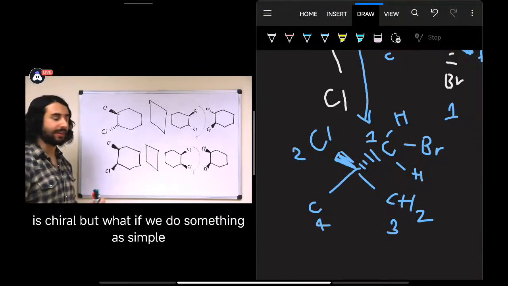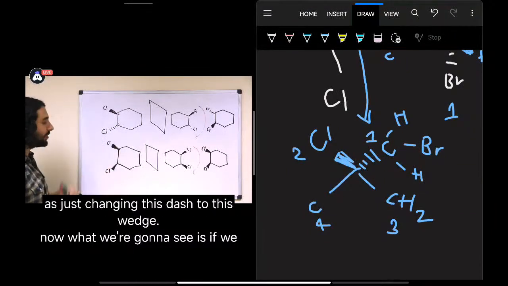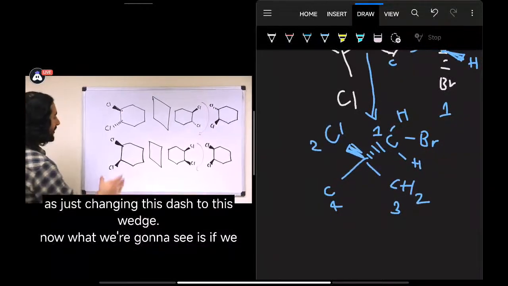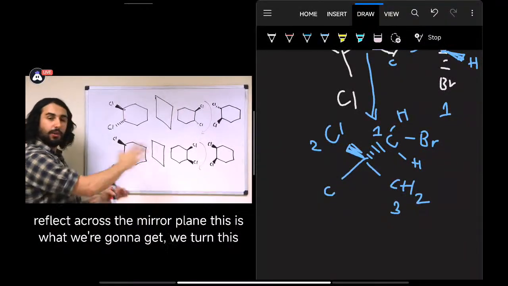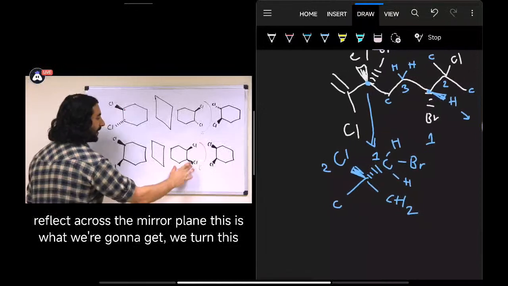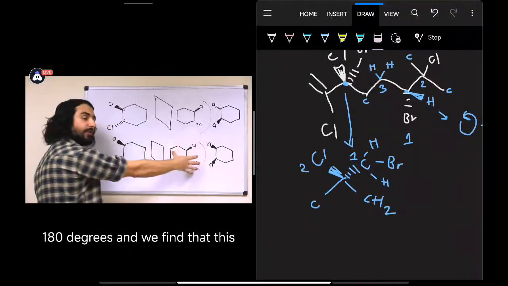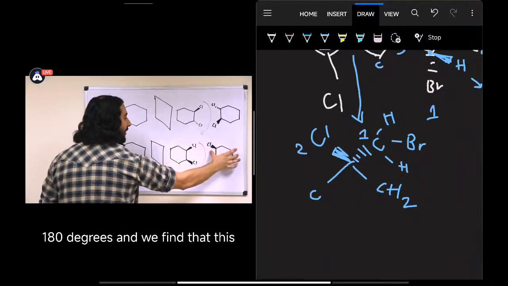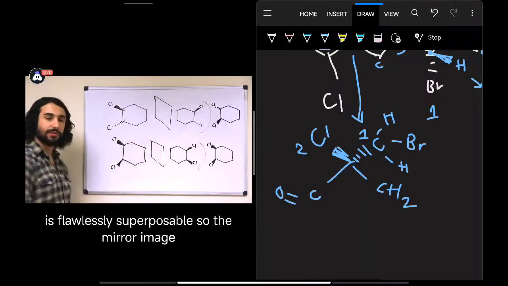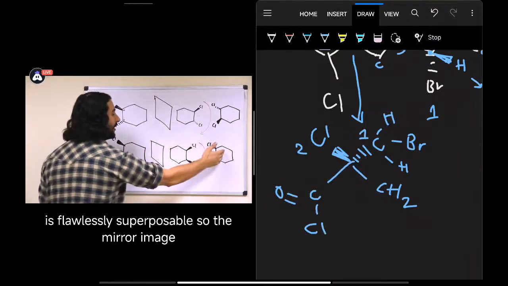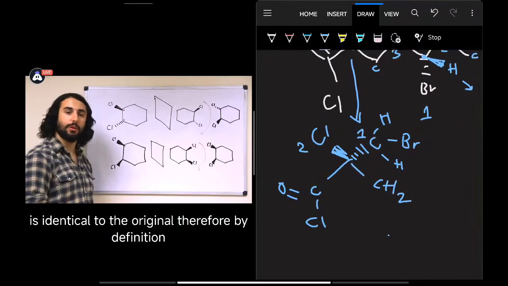But what if we do something as simple as just changing this dash to this wedge? Now, what we're going to see is if we reflect across the mirror plane, this is what we're going to get. We turn this 180 degrees, and we find that this is flawlessly superposable. So the mirror image is identical to the original.